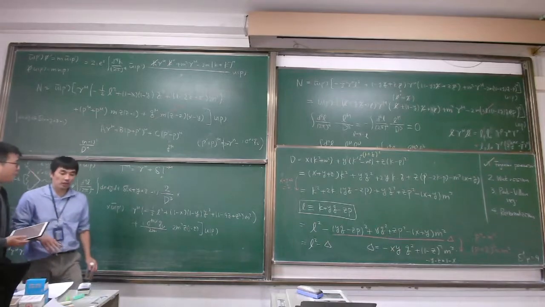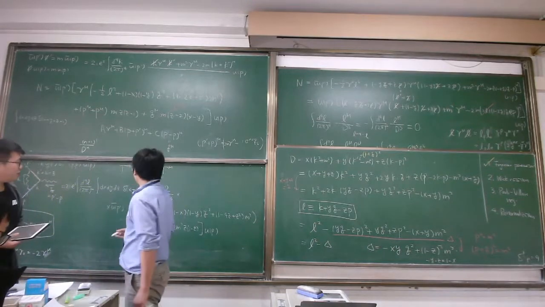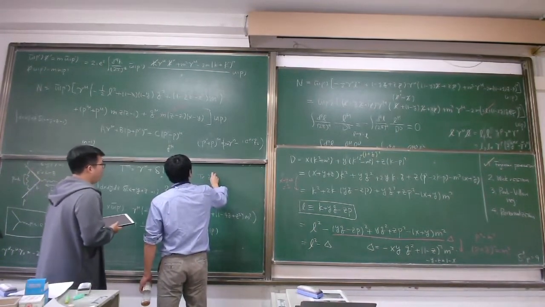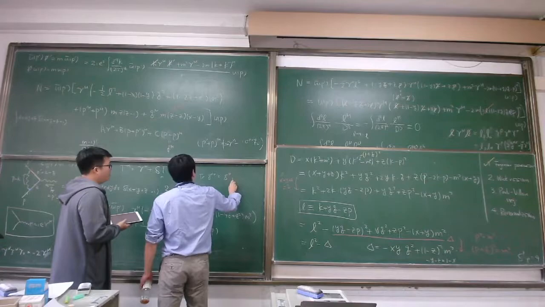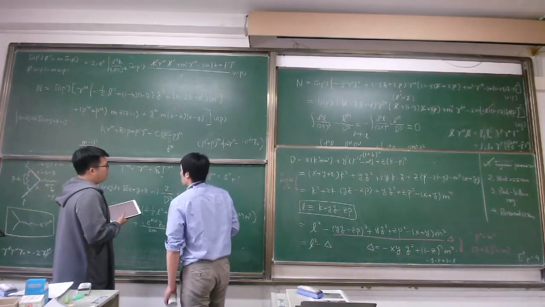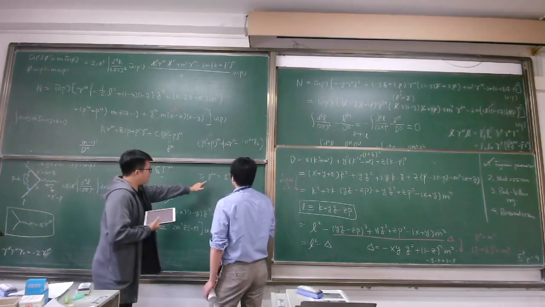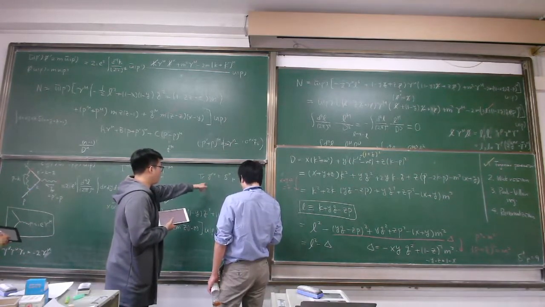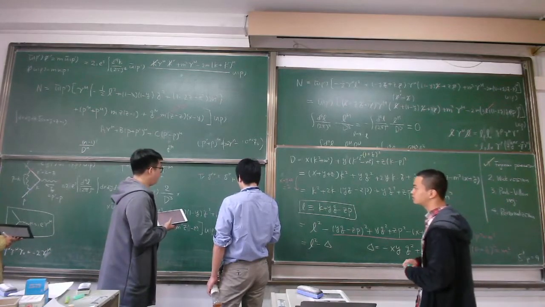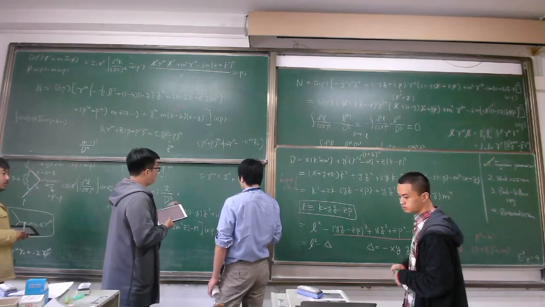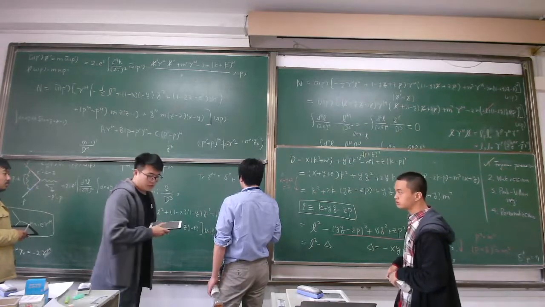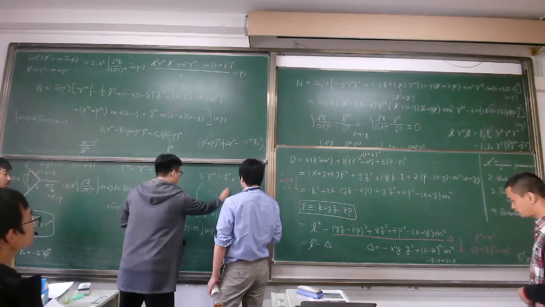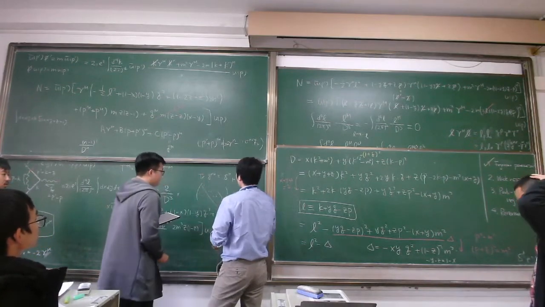No. When you take a trace, the trace of g mu nu is essentially delta mu nu. Isn't this a 4x4 matrix? Yeah, a 4x4 matrix. No, not that simple.